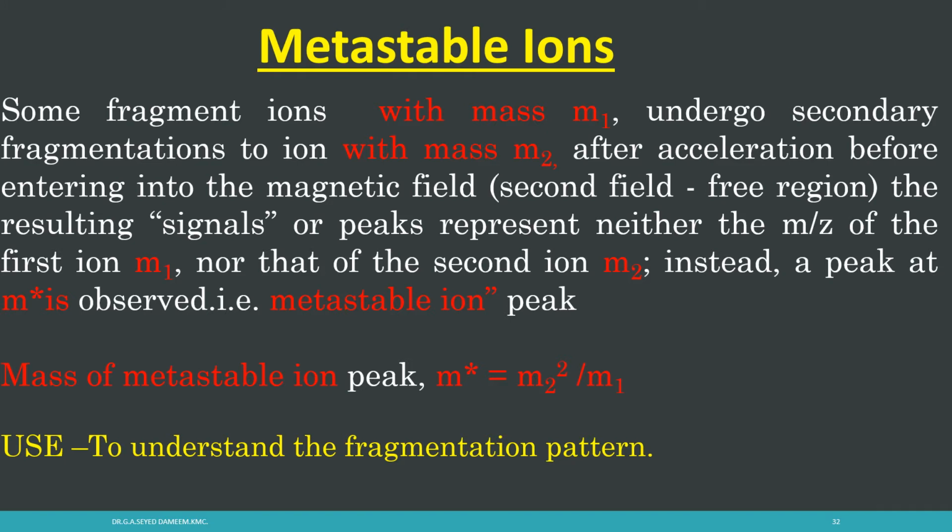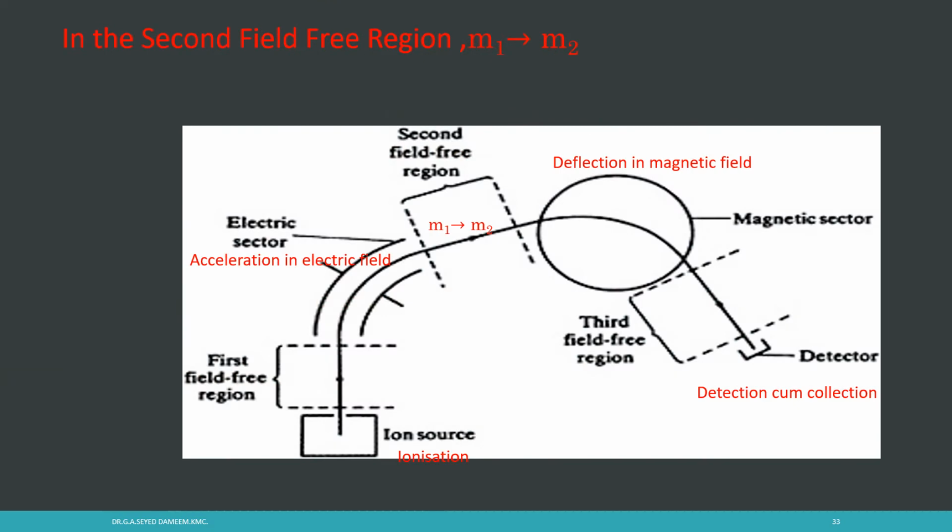The use of this metastable peak is to understand the fragmentation pattern. For understanding the fragmentation pattern, the m by z value of metastable peaks is useful. This slide shows clearly the formation of a metastable peak due to fragmentation of an ion with mass m1 to m2 in the second field free region.